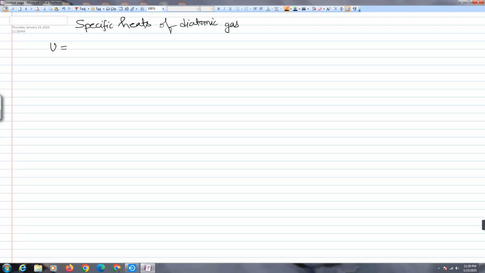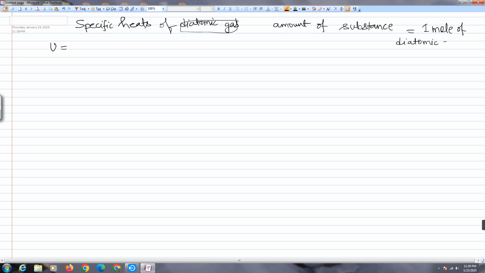The amount of substance is, that is important, equal to 1 mole of diatomic gas, correct? 1 mole of diatomic gas is our subject. For that we are going to find the value of internal energy.